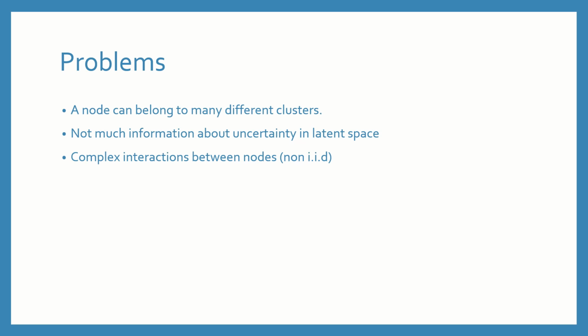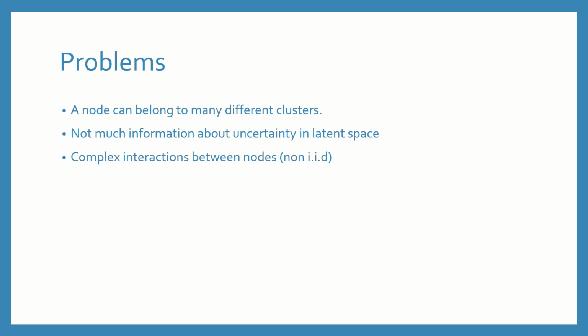However, there are several problems when representing each node as an individual point in the latent space. We can say that maybe, a node can belong to many different clusters. And moreover, we don't have much information about the uncertainty in the latent space.